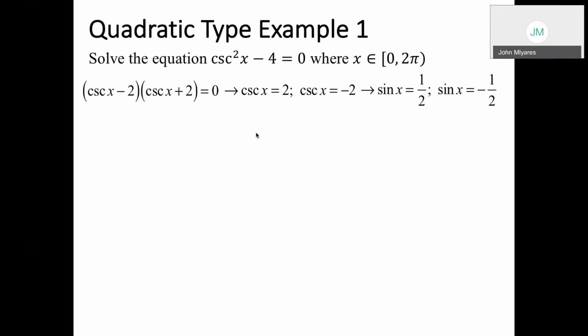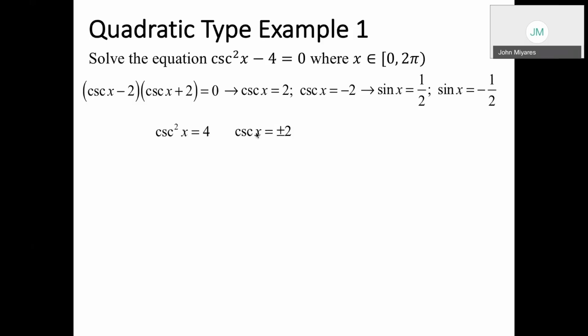Alternatively, if you didn't see the difference of squares pattern, you could start back in the beginning, add 4 to both sides of the equation to get cosecant squared of x equals 4. Then we could take the square root of both sides, which, as a reminder, we did talk about at the start of this video, would require that we put in a plus or minus sign in front of the 2.